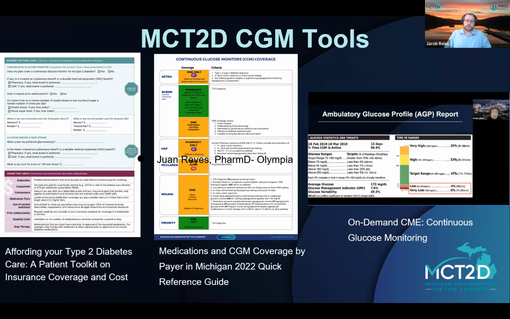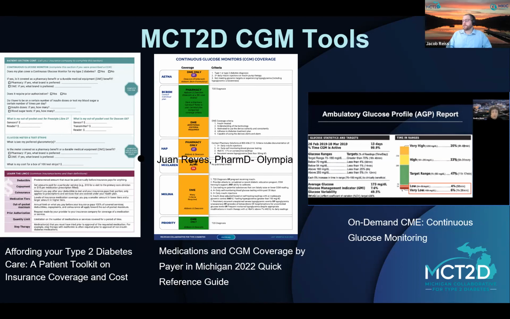So it includes things like the GLP-1 receptor agonists, the SGLT2 inhibitors, CGMs, including prompting the patient to ask questions that are specific, such as which of the CGMs is preferred for patients with my insurance, which of the GLP-1s and SGLT2s are preferred, what are my copays for the CGMs, and things like that, so that the patient can really be empowered to ask the questions that are needed for them to be able to get prescribed and covered for one of these devices or in certain other circumstances, medications.